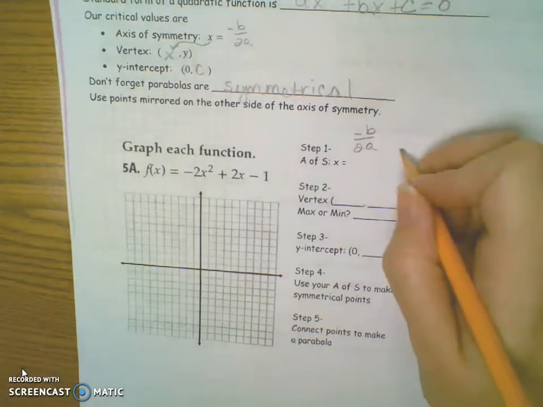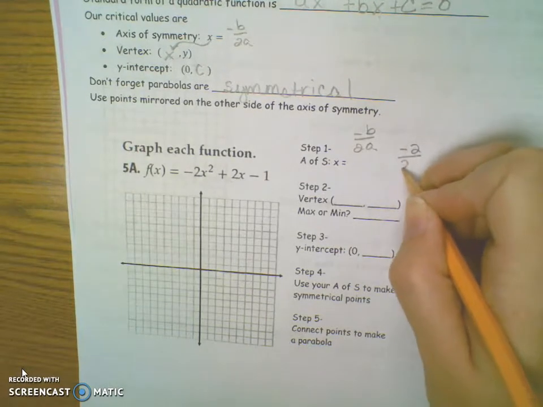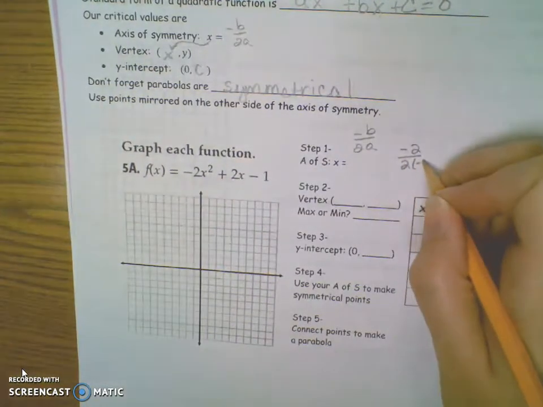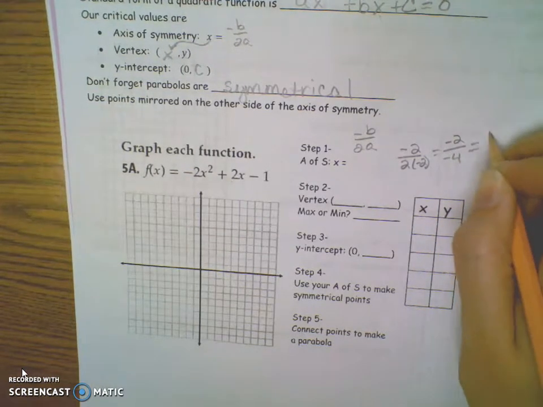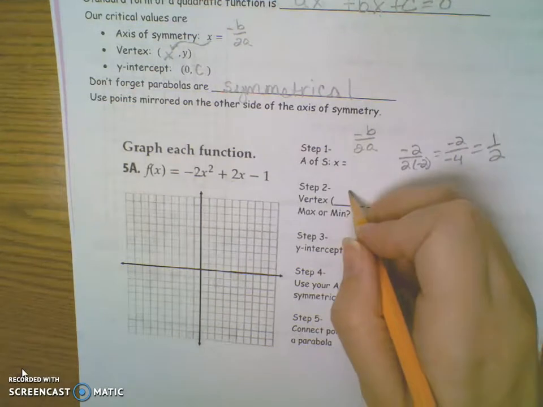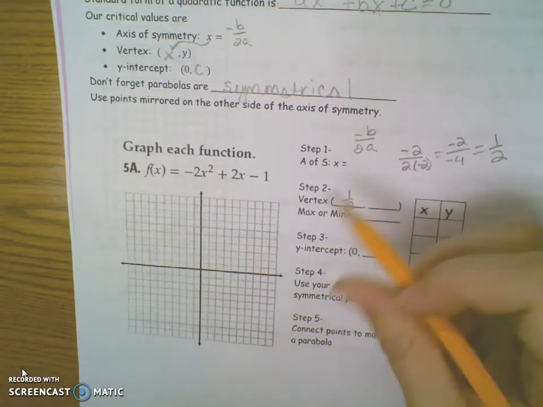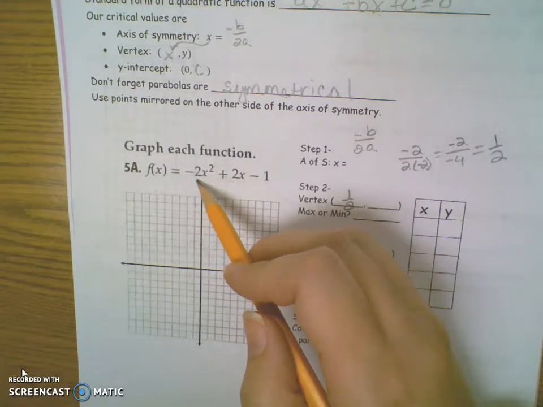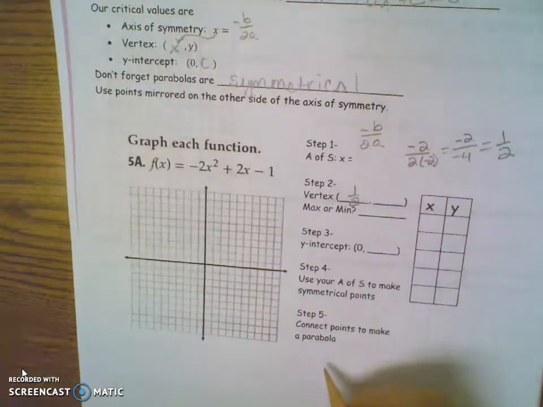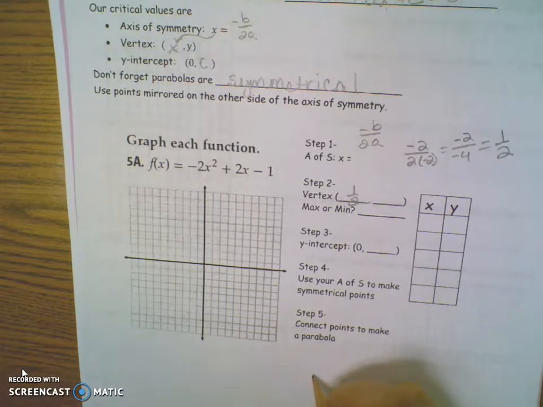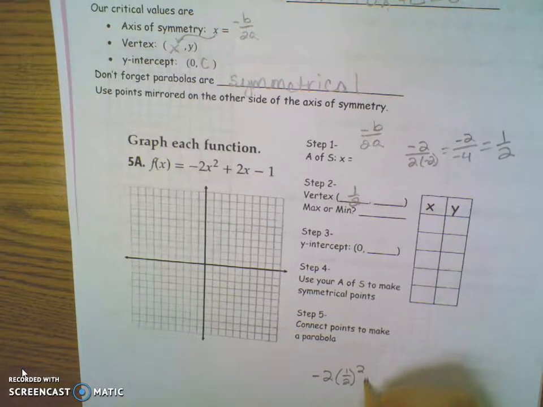So negative b is going to be negative 2 over 2, and then a is negative 2. So that's negative 2 over negative 4, which is 1/2. And so I'm going to put 1/2 in there, and then I'm going to put 1/2 into my x. So negative 2 times 1/2 squared, plus 2 times 1/2 minus 1.